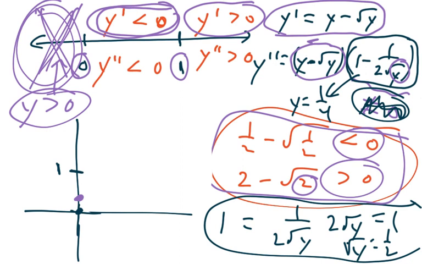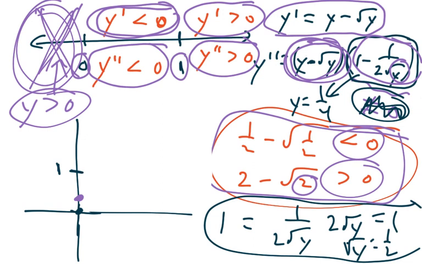If I plug in 1/2, between 0 and 1, into the second derivative, where was my work here? All right, so if you're following what I circled in purple, when I plug in 1/2, I do get a negative value. And then when I plug in 1/2 over here, I got a positive value. So that's how I know y double prime is negative, and then it's going to switch to positive.